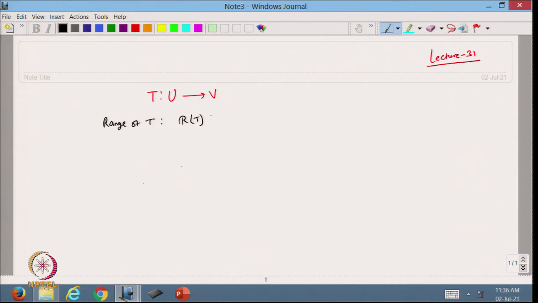The range space of T is the set of all images under the linear transformation T. I can define R(T) as the set of all T(u) such that u belongs to the vector space U.